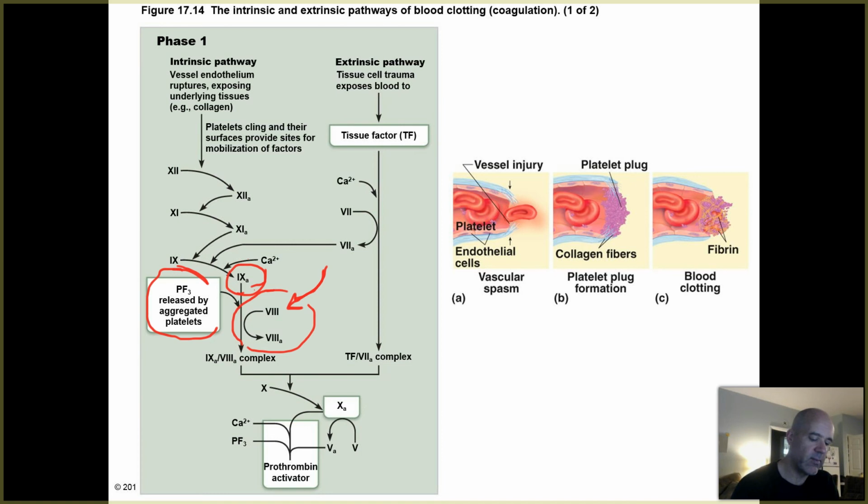Now, activated factor 9 and activated factor 8 form a complex, and together they function as an enzyme, which takes factor 10 that's in the blood and activates it, forming activated factor 10.